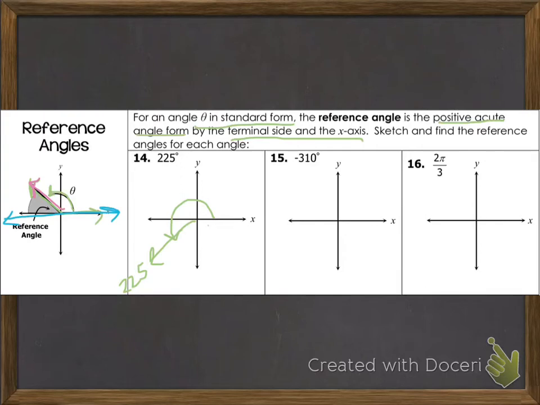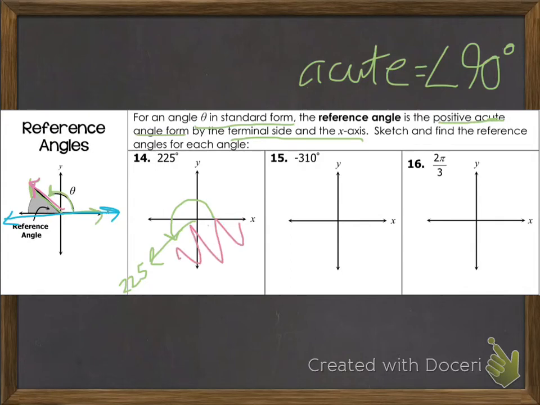And now for the reference angle, we need to find the positive angle. And keep in mind it says acute. Acute means that it is less than 90 degrees. So we're definitely not going to be looking at this space, but instead we're going to be looking at this space, which is right here in between the x-axis and that terminal side, since this is also the initial side.